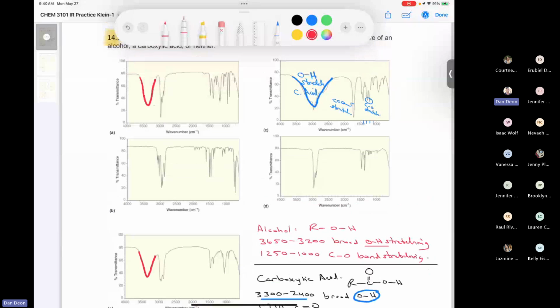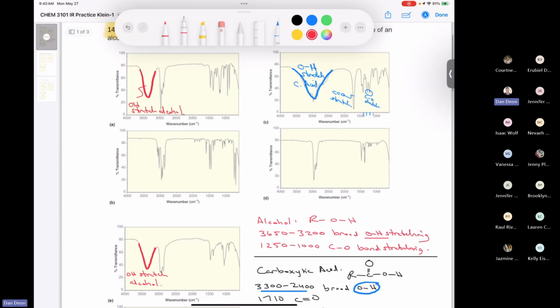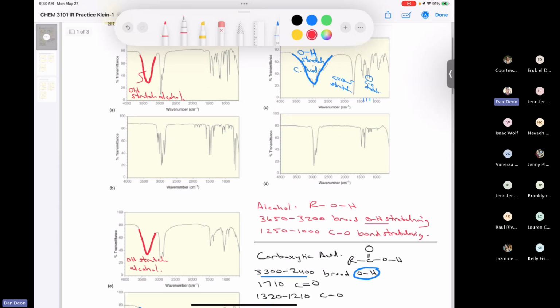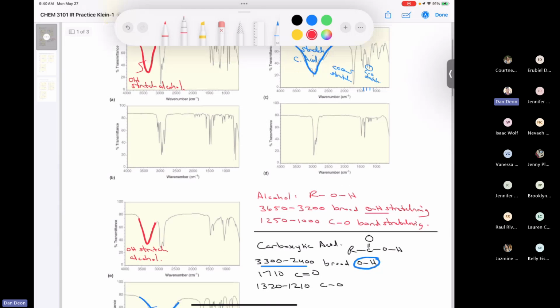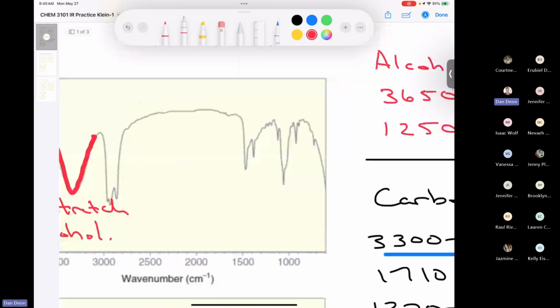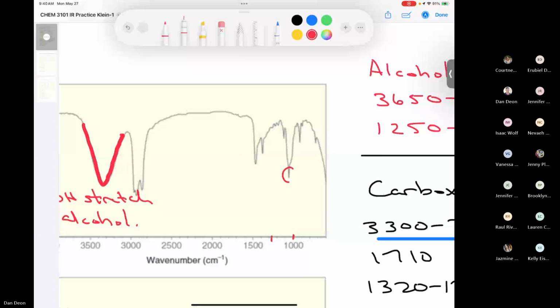So we'll put OH stretch, and you can put here alcohol, and then same thing here, OH stretch, alcohol. And then we can look for the carbon oxygen stretching between 1250 and 1000. So if we go into this one, 1000 is here, 1250 would be around here. So this would be the carbon oxygen stretch. So we'll just put CO stretch.